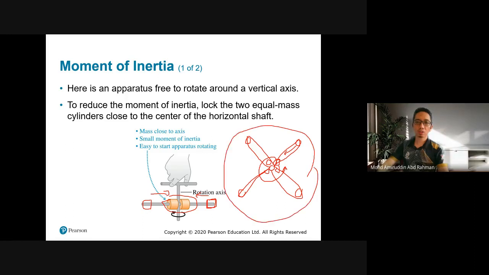The motor is located somewhere around here. It is not designed to be put at the outer part of the fan, because you will have less moment of inertia to move the object.